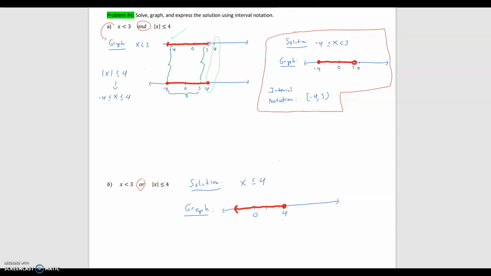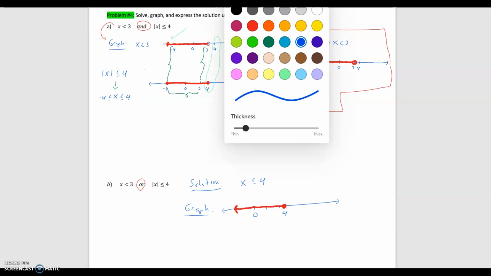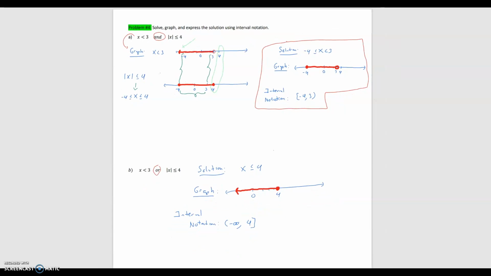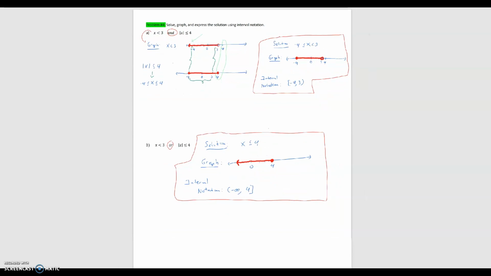Interval notation is going to have all values from negative infinity to the value of 4 with a bracket. And that's it for this one.